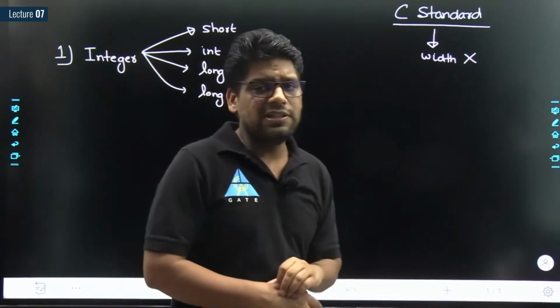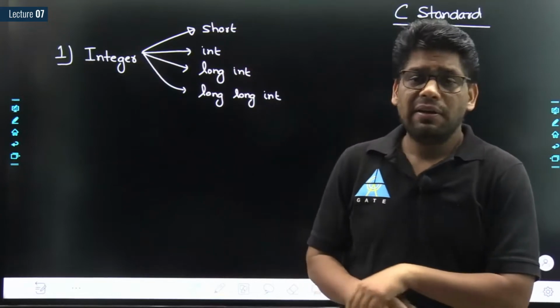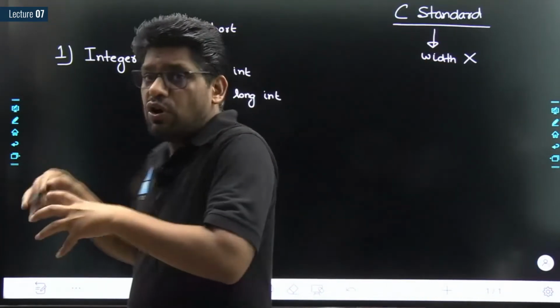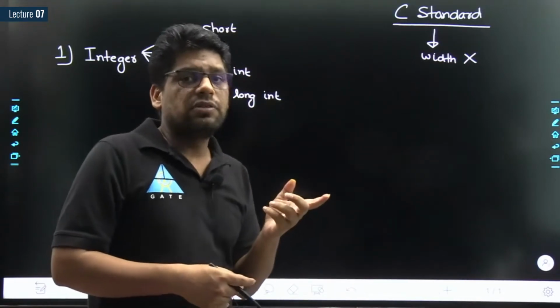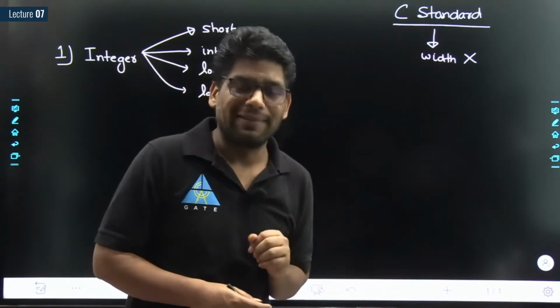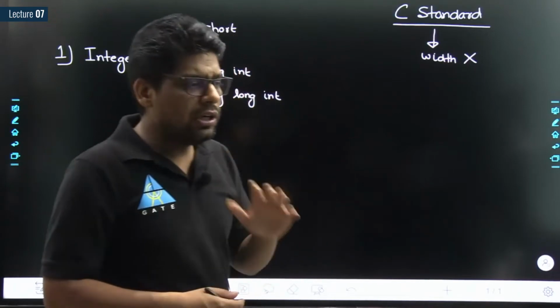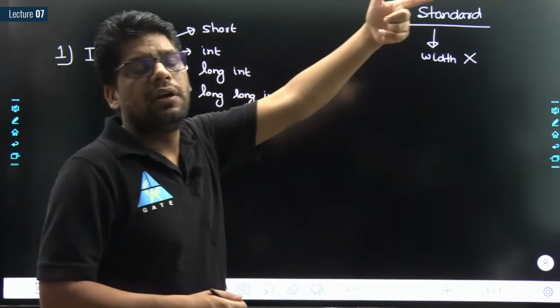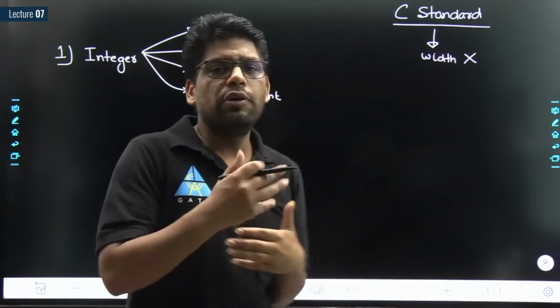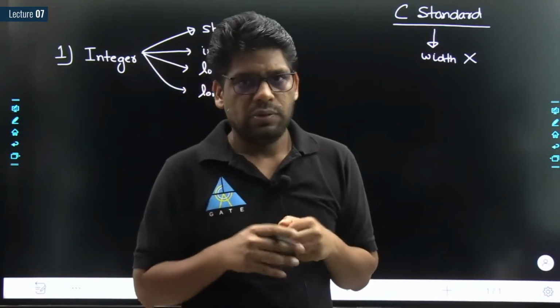So as per the C standard, we cannot always say that int is always of 16-bit or 2 bytes. It depends from compiler to compiler. So don't always think that int is always 2 bytes. No, it could be 4 bytes also.